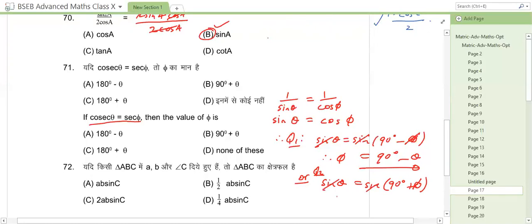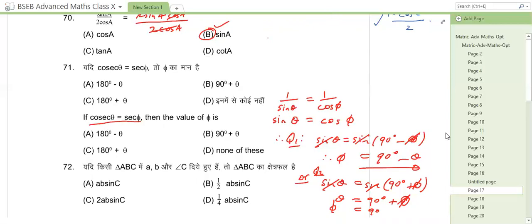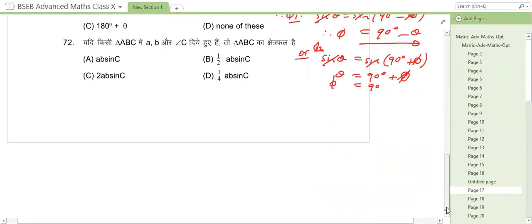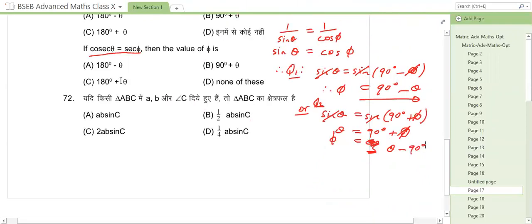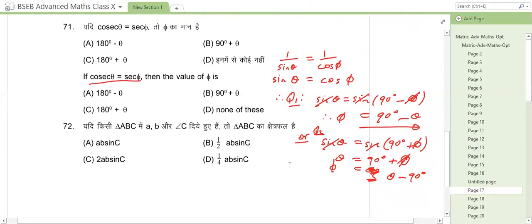So dropping off the sine on both sides, you get theta is equal to 90 degrees plus phi, so phi is equal to theta minus 90 degrees. So I would go for option D.